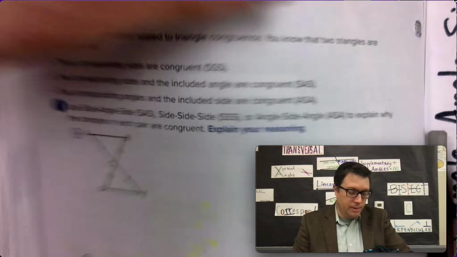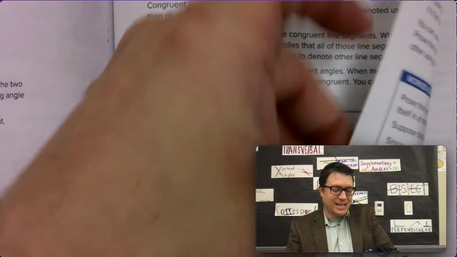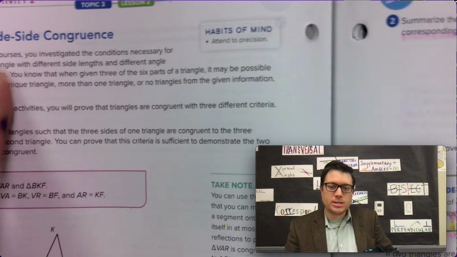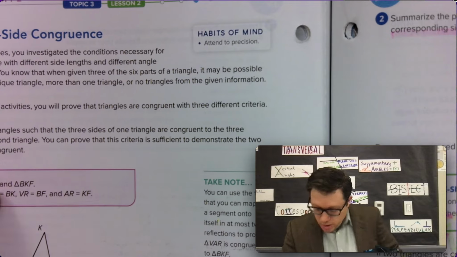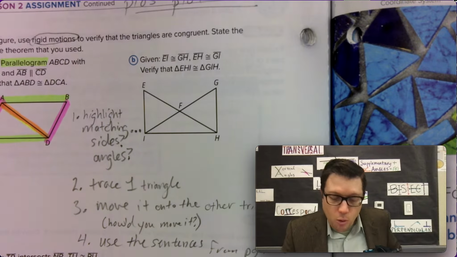As we went through the different statements, we had the proofs for side angle side, side side side, angle side angle, etc. Page 171 through page 184 and beyond would be a good review for why some things are true for what we have here.